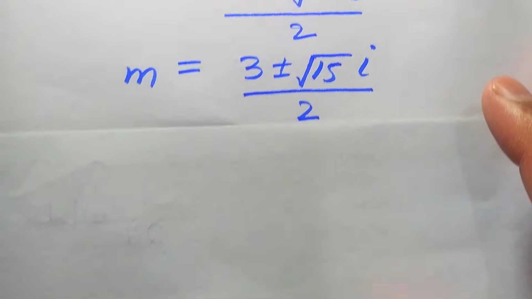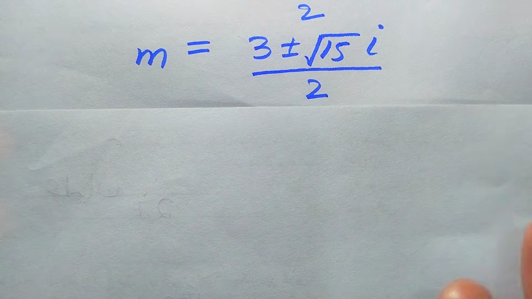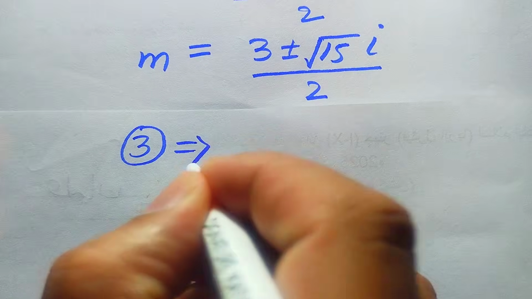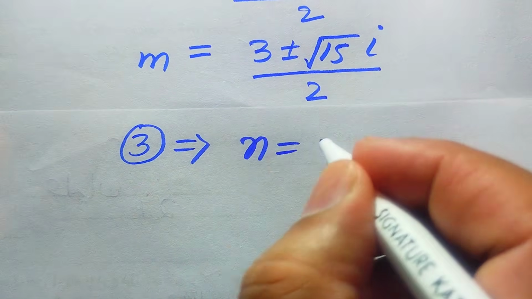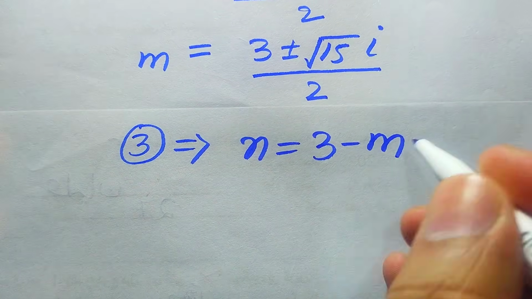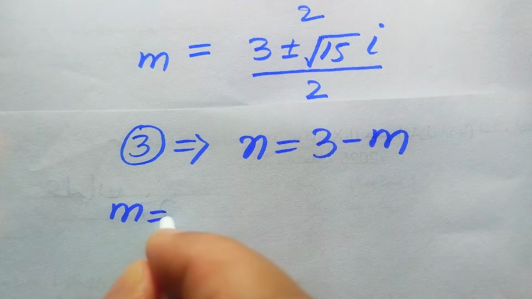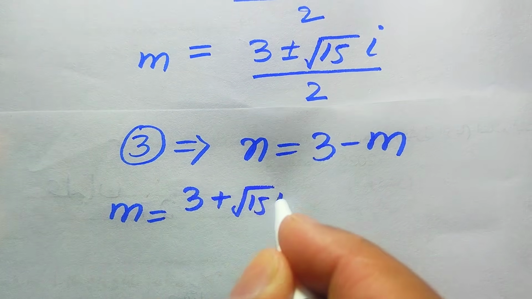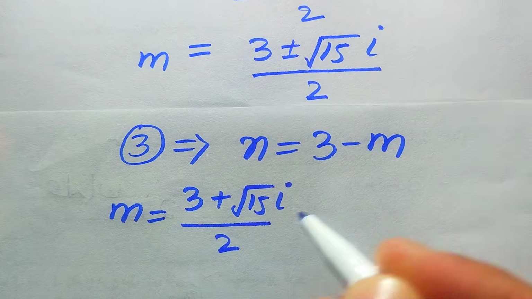For this we first copy down equation number 3, which implies that n equals 3 minus m. On this side we use the positive value of m, which is 3 plus square root of 15 iota, divided by 2.